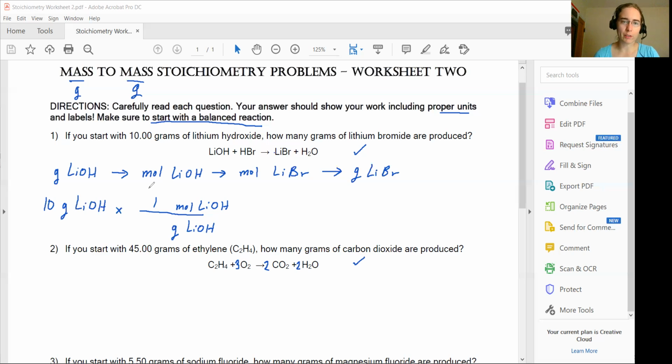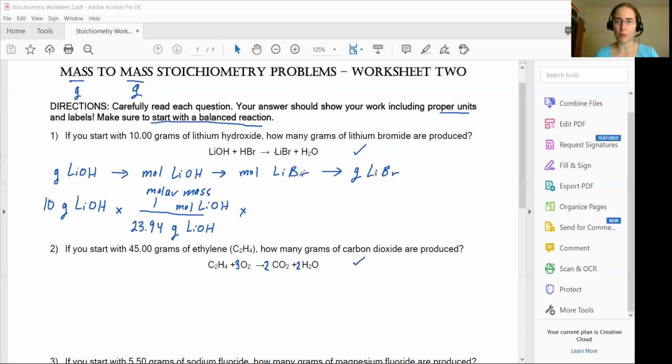That's the molar mass, and you'll have to calculate it to solve this problem. If you look it up on the periodic table, you'll find that lithium has a molar mass of 6.94, oxygen is 16, and hydrogen is 1. If you add those together, you get 23.94. So 23.94 grams of lithium hydroxide is equal to 1 mole of lithium hydroxide.